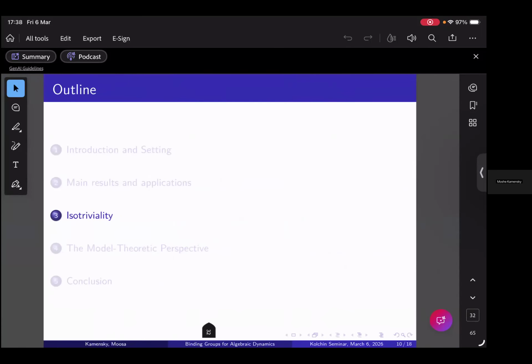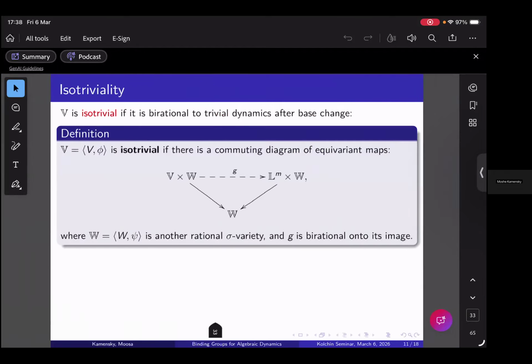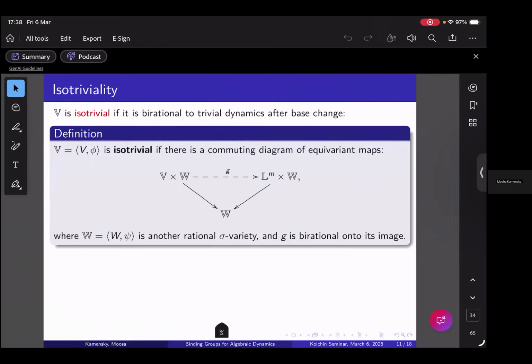Isotriviality is analogous to what we call internality in model theory, but it's slightly different, and it can be explained completely geometrically. The idea is that after base change, the dynamics is trivial. So this is how it looks.